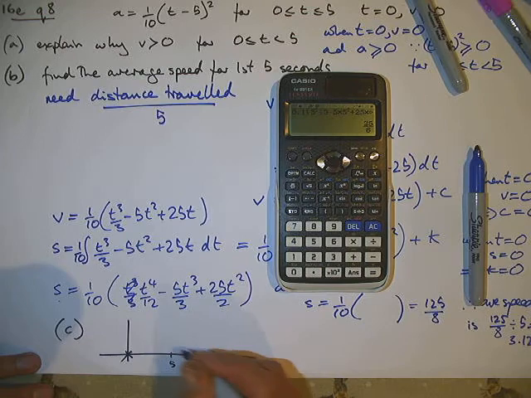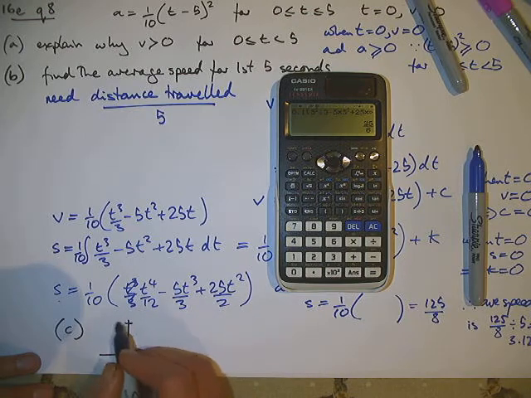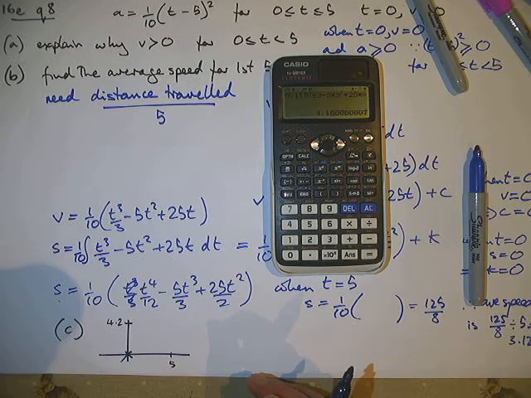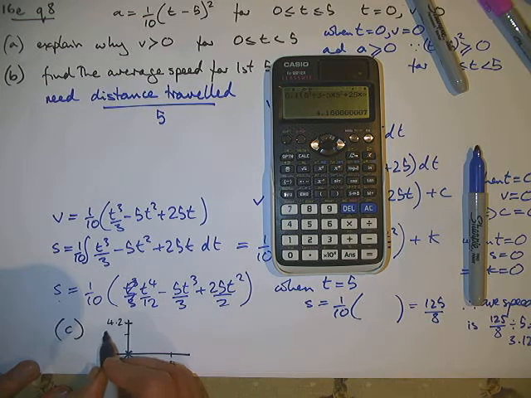Because at 5 we know the velocity is 4.2, and the question is, show by sketching the graph of v, show there's a value of t at which the instantaneous speed equals the average speed. The average speed is 3.125.